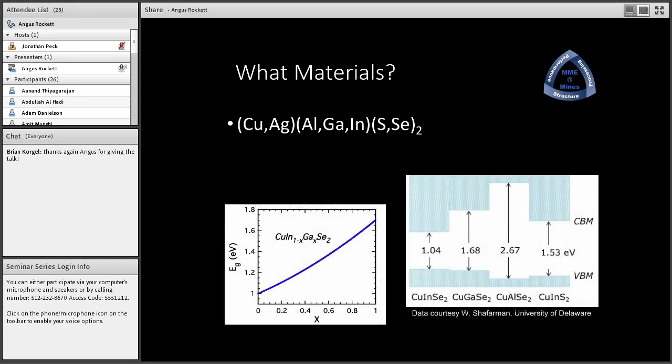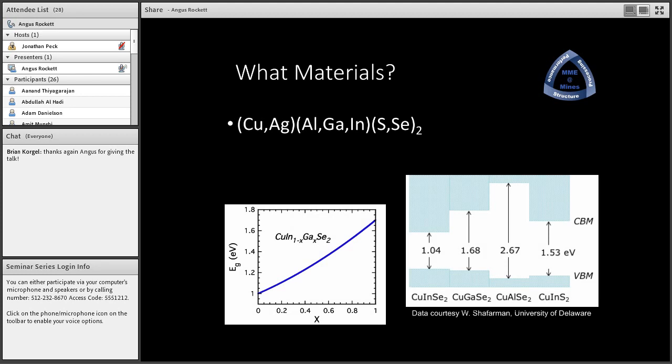These materials have a variety of energy gaps. When we substitute the cation, in general, we're moving the conduction band up and having very little effect on the valence band, which is handy. But if we want to move the valence band down, we generally substitute sulfur for selenium, and that primarily moves the valence band.